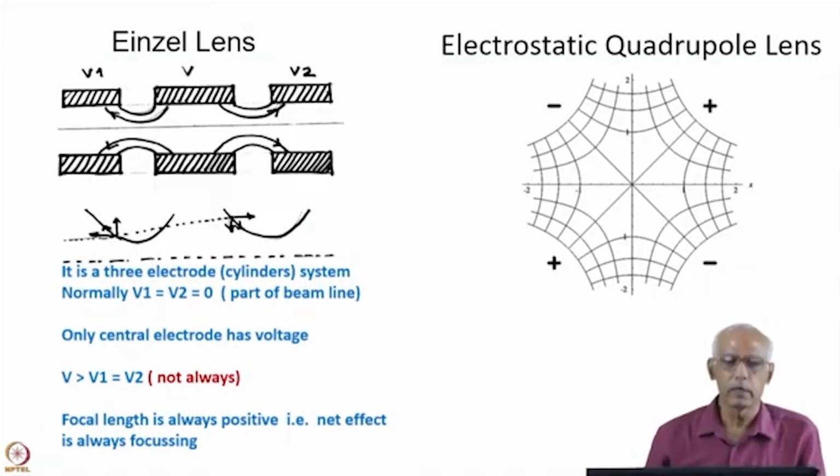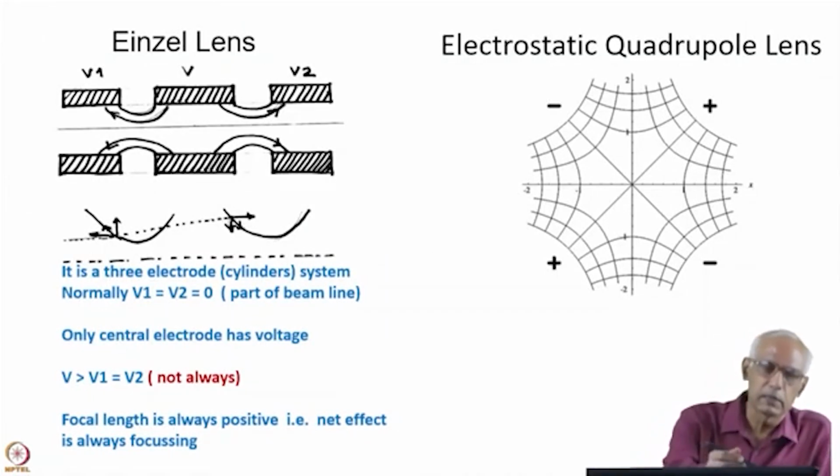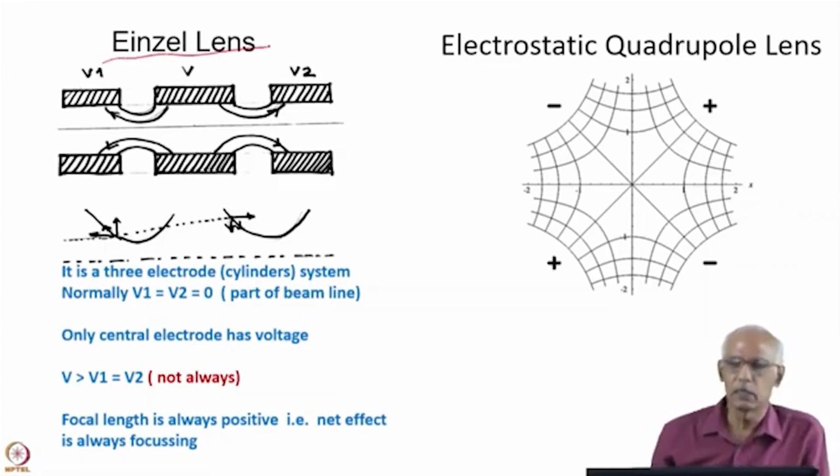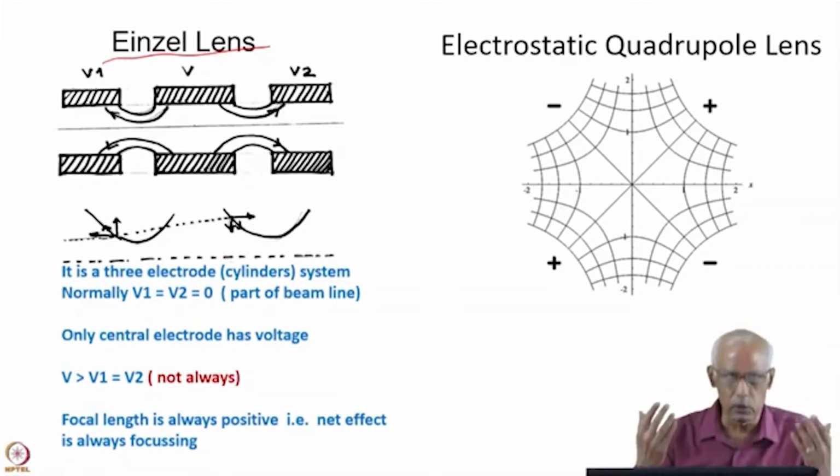I have shown here, the first one is an Einzel lens. You can see here this is an Einzel lens, and an Einzel lens has 3 electrodes, and normally the 2 electrodes at the entrance and at the exit are grounded, they are part of the beam line, and the center electrode is given the voltage. But it is not necessary that these other 2 should be grounded, they can be isolated also.